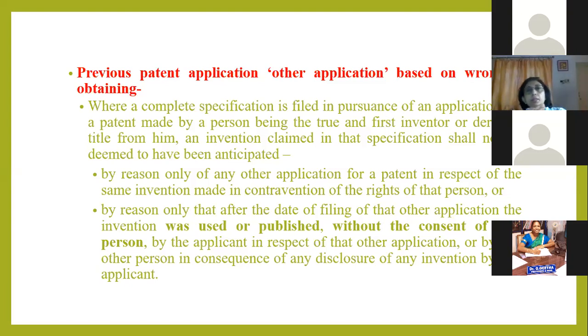So it's something similar. The previous one was about publication, and here it is about a patent filing. It says that if anybody contravenes my right, and without my consent goes and files another application before I file my patent, that will not be considered as a prior application or a prior patent, or even if that is published, it will also not be considered as prior art.